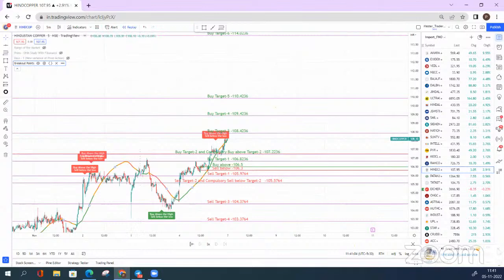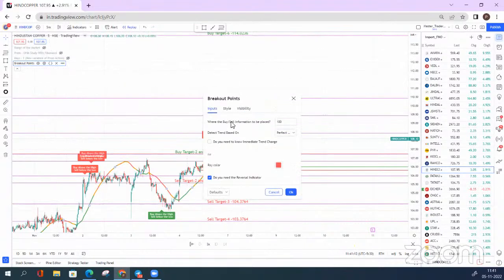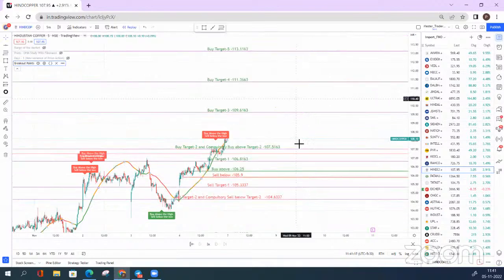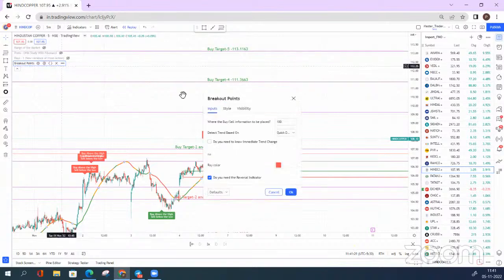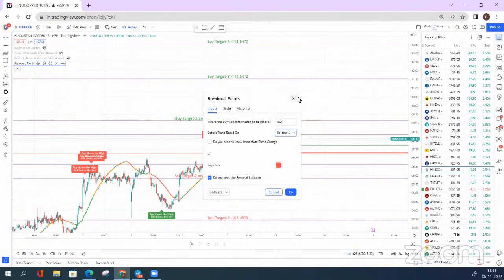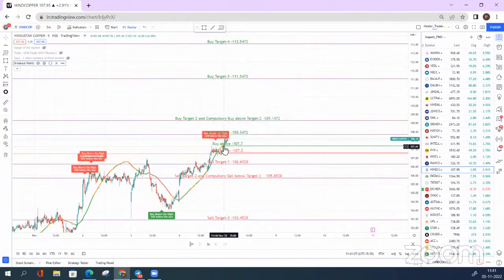But if I still want to know, I missed the trade. If the script is around target 5 and 6, whether it's the right time to buy here, then you can quickly change it to quick detection. The value will go on the upper side or on the lower side. So it will really help you in your trades. It will tell you where to buy. Again, if you miss this trade, it's buy above this level.